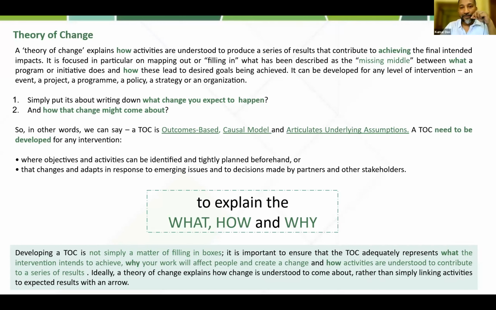It is important to ensure that the ToC adequately represents what the intervention intends to achieve, why your work will affect people and create change, and how activities are better understood to contribute to a series of results. Ideally, the ToC explains how change is understood to come about rather than simply linking activity to expected results.